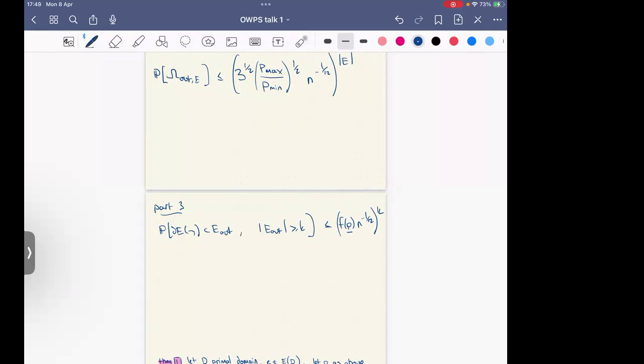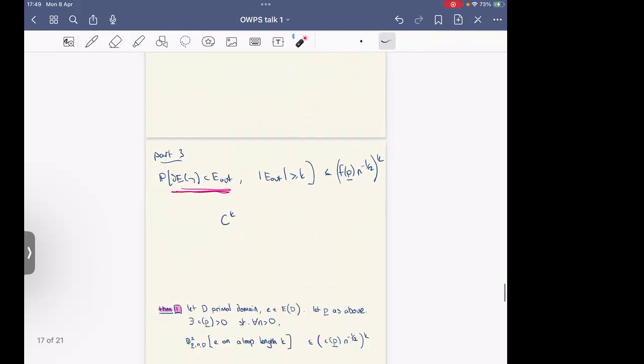And then we apply this, and then we have to count the number of possibilities of E of a given size. And that's given by this connectedness that we had before, which is coming from this condition here. So we'll have an extra constant to the K going into here.